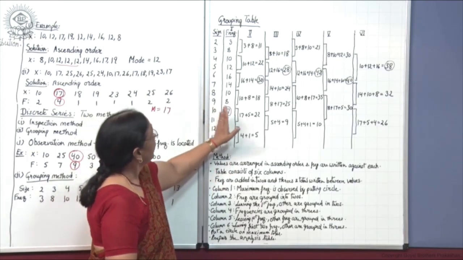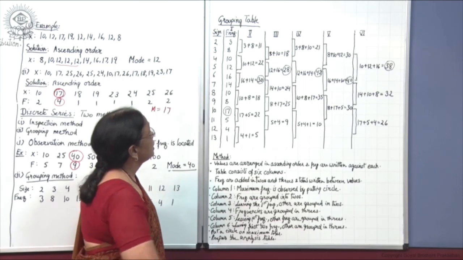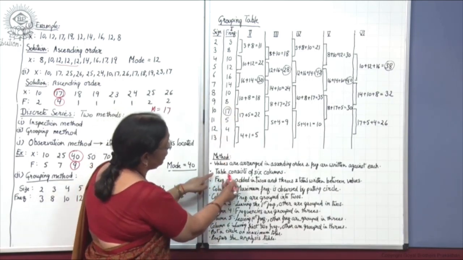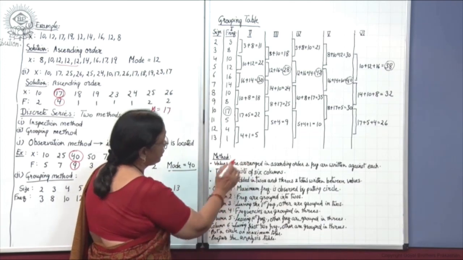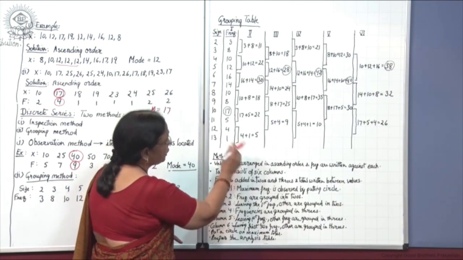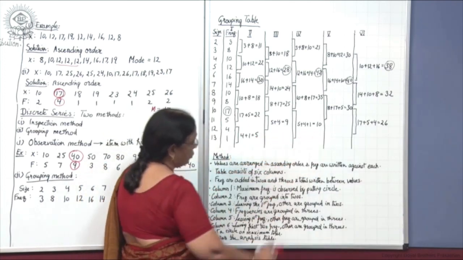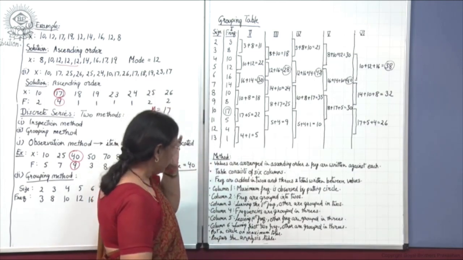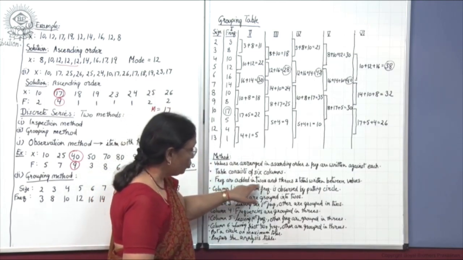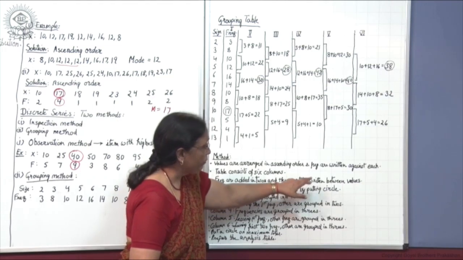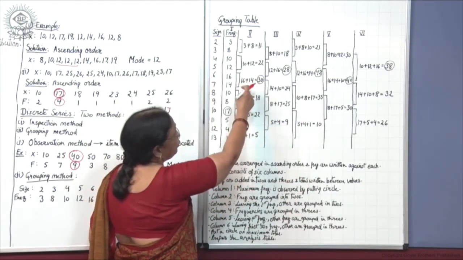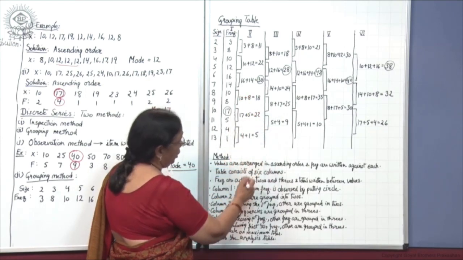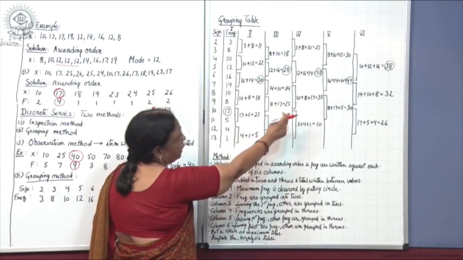Now after writing these two columns, the table consists of 6 columns, so you have to make 6 columns. Third, frequencies are added in 2s and 3s and the total written between values. Here in these columns frequencies are arranged and added in 2s and 3s.